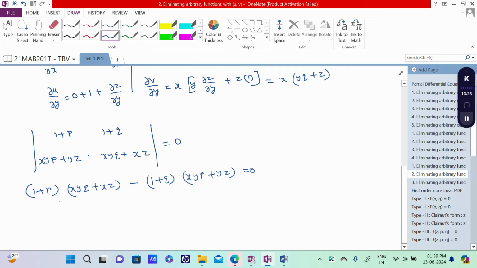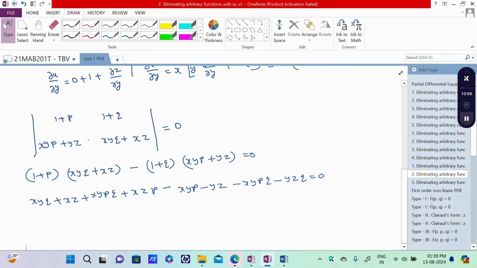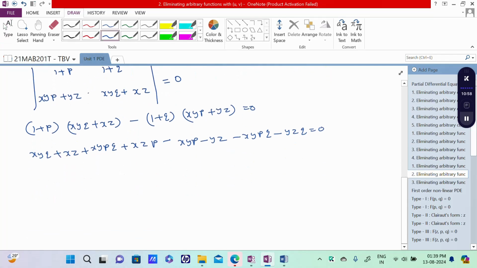When I multiply 1 plus p with xyq plus xz, we get xyq plus xz plus xypq plus xzp. Then multiplying with the other term gives minus xyp minus yz minus xypq minus yzq, equal to 0. Any term that can cancel, we can cancel. Here xypq cancels, but any other terms, xyq and xzp, are not possible to cancel.